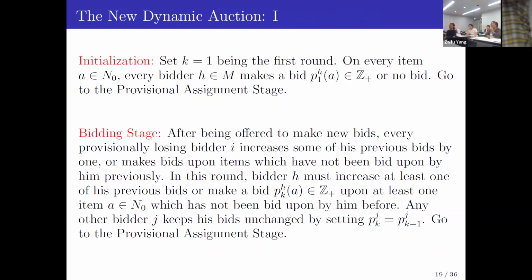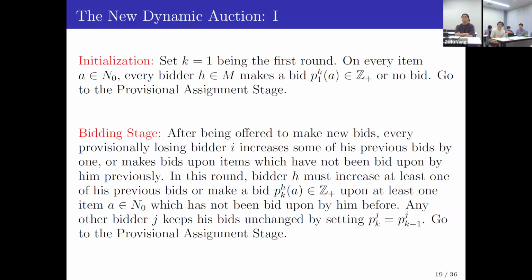Okay, now let's look at the auction in detail. So the first step on every item, which includes the dummy, every bidder makes a bid: just choose an integer price you are willing to pay, or you indicate you don't want to bid, that's fine. Then we go to the provisional assignment stage.